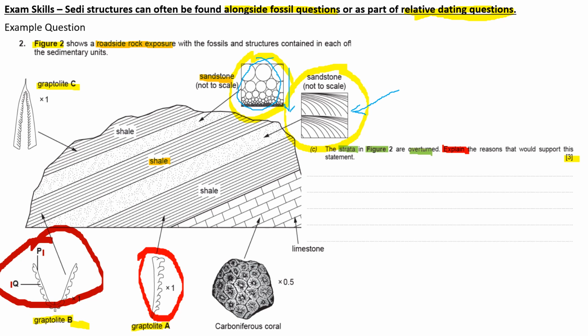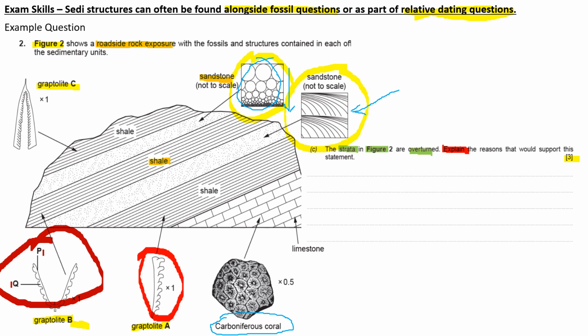And I would look for another point as well, maybe related to the fossils, because it will help your understanding of the situation in this case. Obviously, we have an age here at the bottom. So even if you weren't sure about your corals, they've given you an age, Carboniferous.